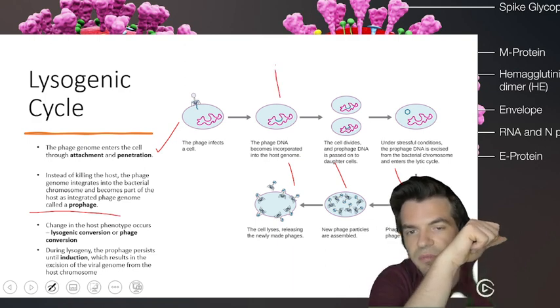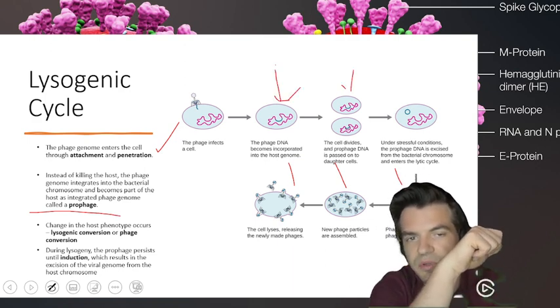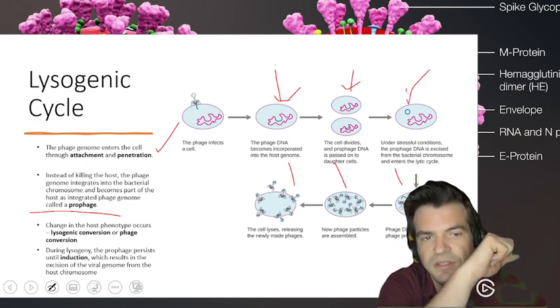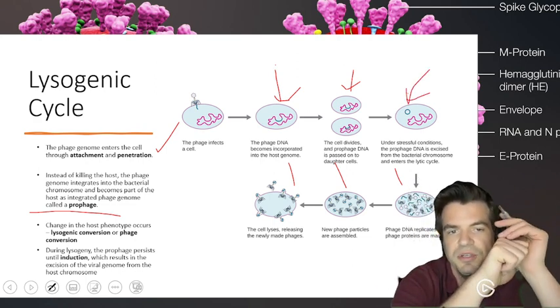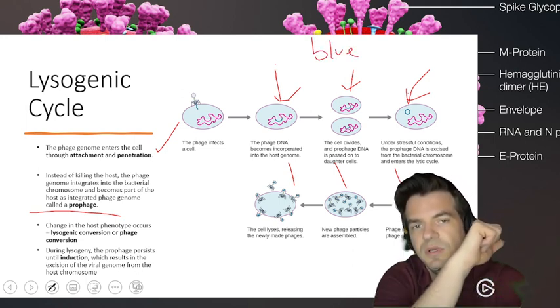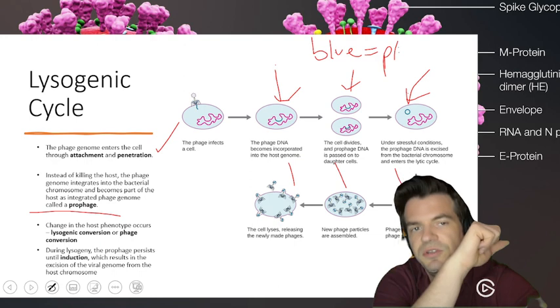If you follow, the blue is the prophage. Okay, and then even here it says under stressful condition, the prophage, which is the blue, equals prophage.